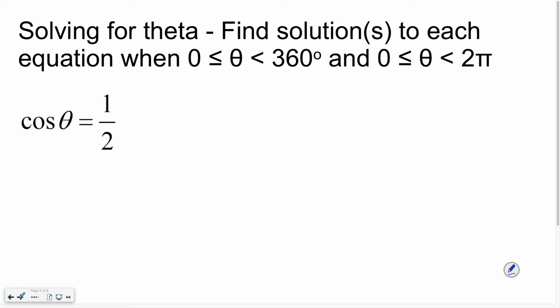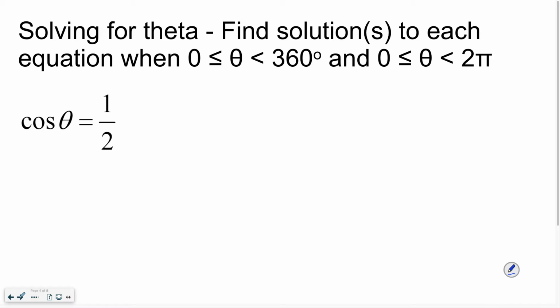So I want to know any angles theta between 0 and 360 or 0 and 2 pi that would satisfy this. So essentially, I am asking you to think about one rotation of the unit circle and what angles would make sense up there. So the cosine of theta equals 1/2.